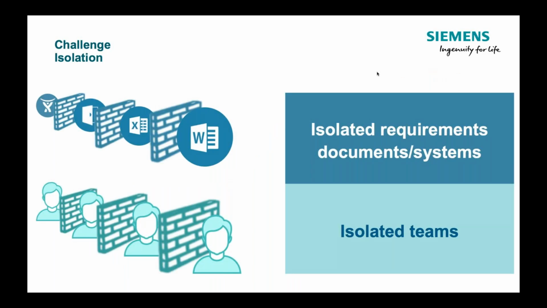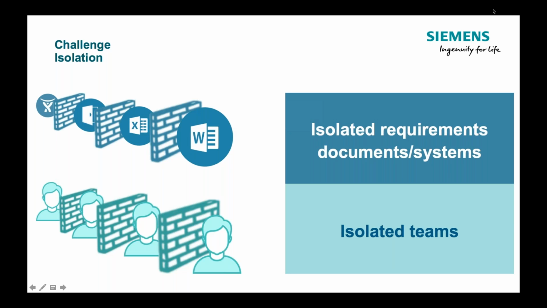So quite often the problem of the development is that teams are working in isolated areas or isolated tools, and you use Word, Excel, some other tools to manage test results, then you don't have connection between the data.